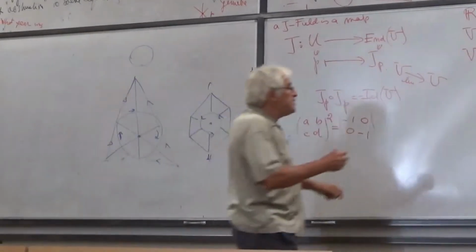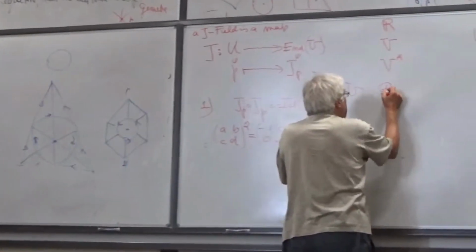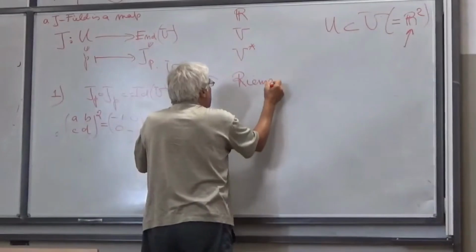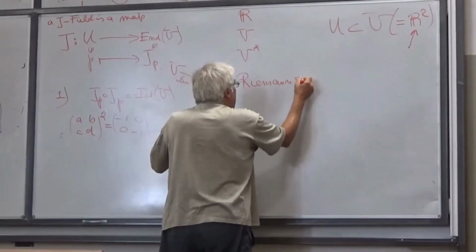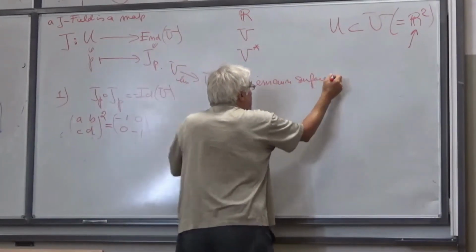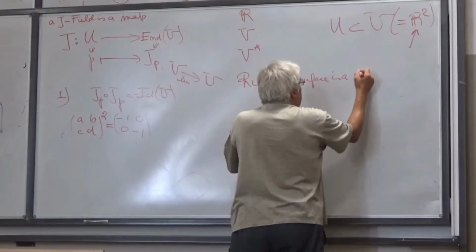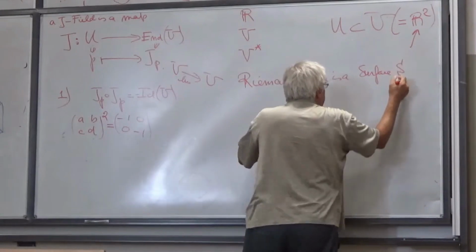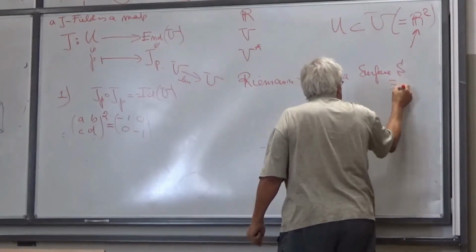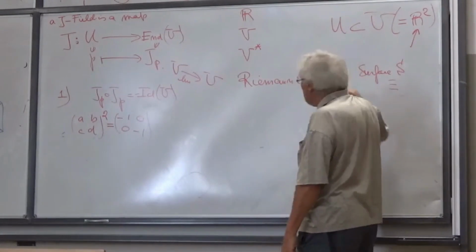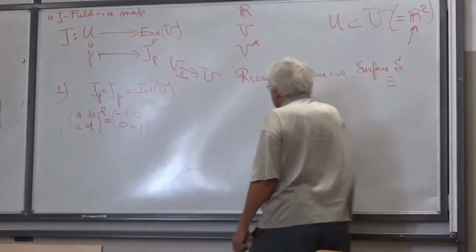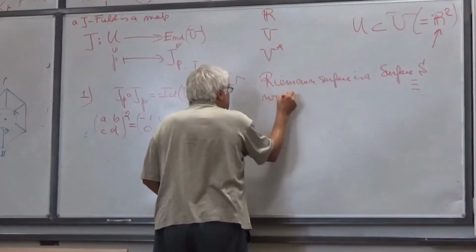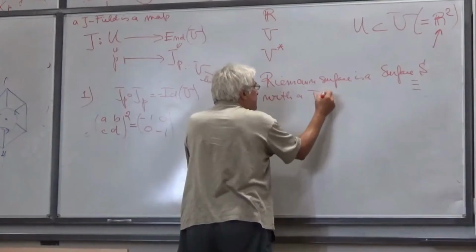So a Riemann surface is a surface, and if I say surface S, we ask the three properties, orientation and so on. It is the surface S with a J field.